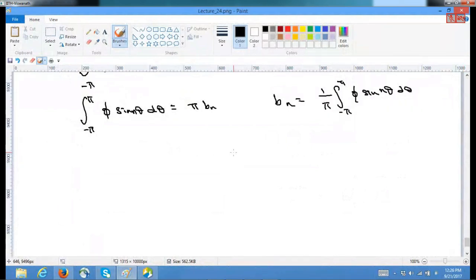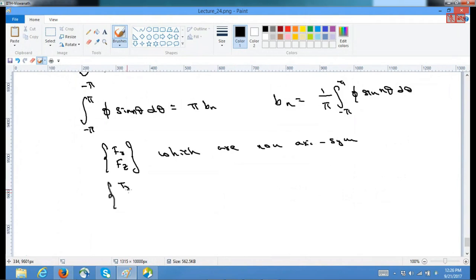Let's say you have a set of loads FR and FZ, which are non-axisymmetric body forces, or we can have our TR and TZ, which are non-axisymmetric traction forces.